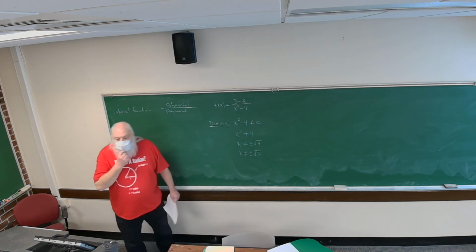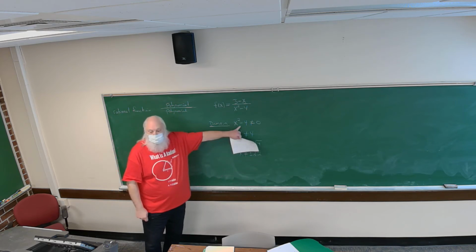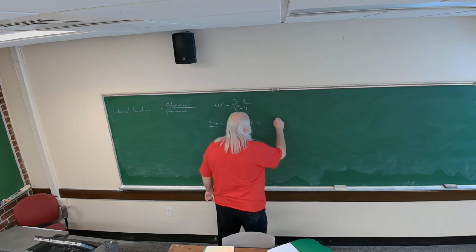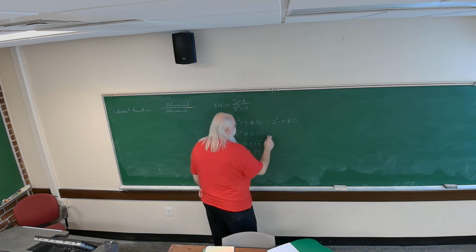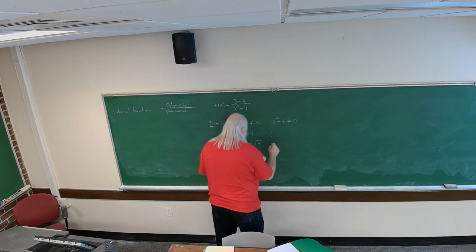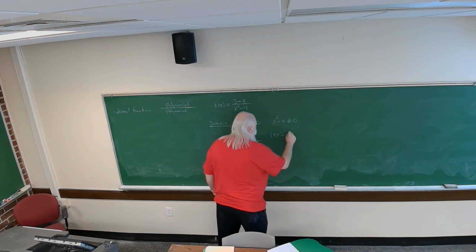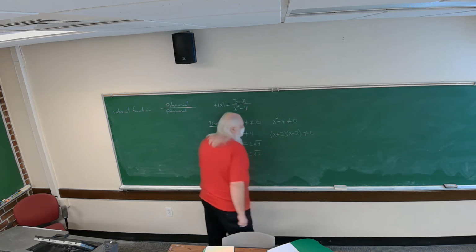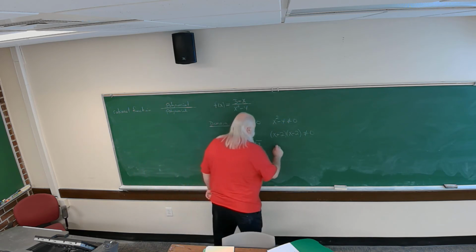Now, if you prefer, you could have gotten the same result by factoring the left-hand side. If we had started with x squared minus 4 cannot equal 0, the left side is a difference of squares, and that factors into x plus 2 times x minus 2. Now you set each factor not equal to 0.